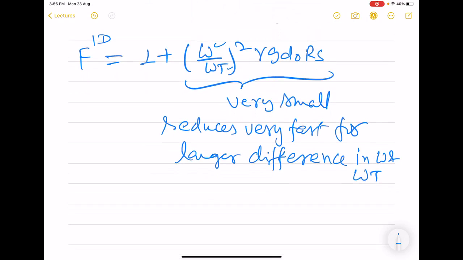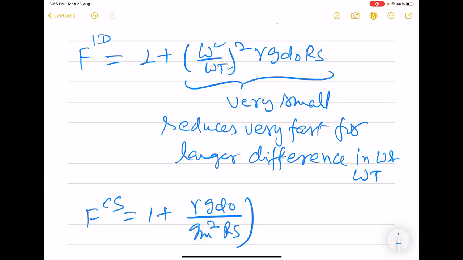Now we can compare this with that of the common source amplifier. For the common source amplifier, the noise factor was 1 plus gamma GD0 over GM square RS.